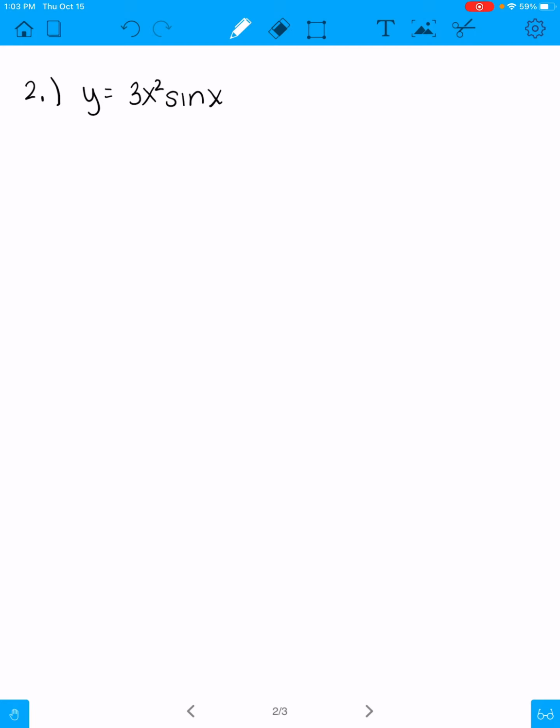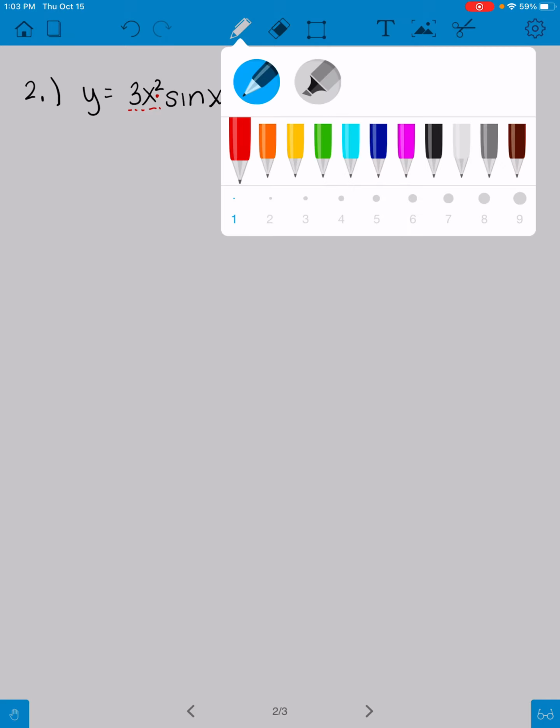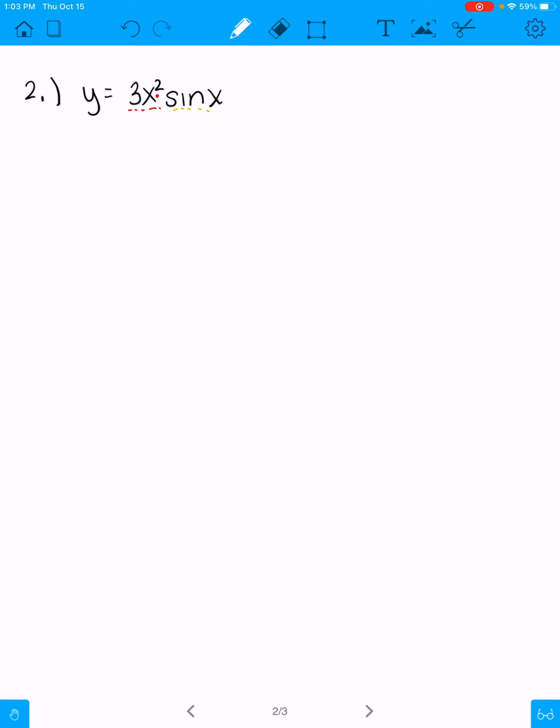In this one, what you should notice is that you're multiplying between that 3x squared and your sine. So 3x squared is one function, and sine is your other.